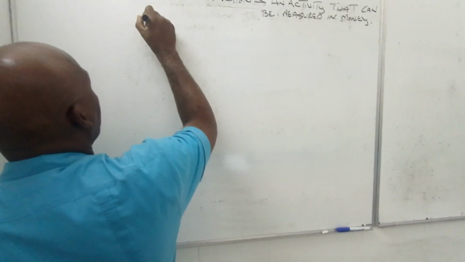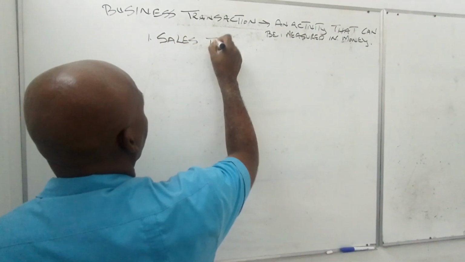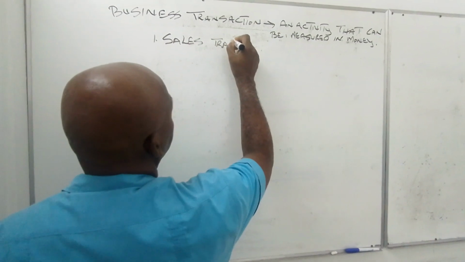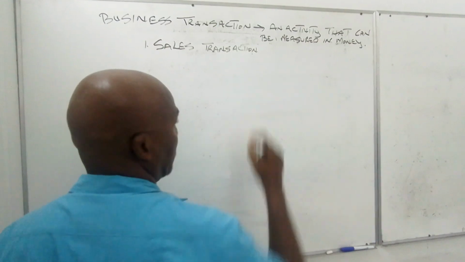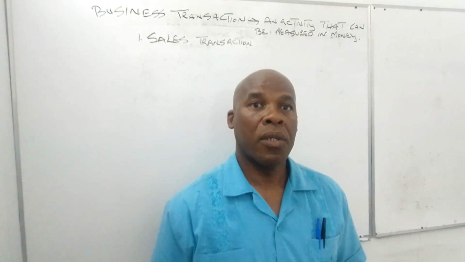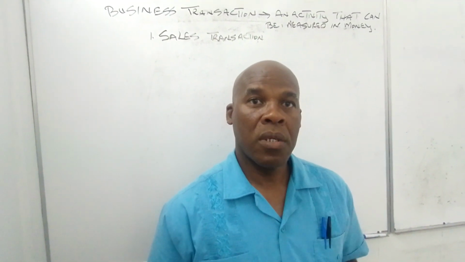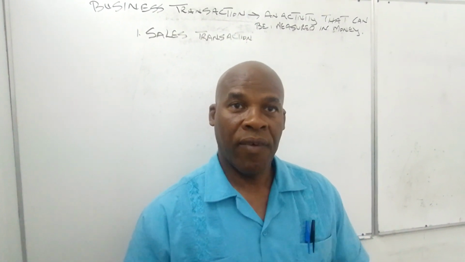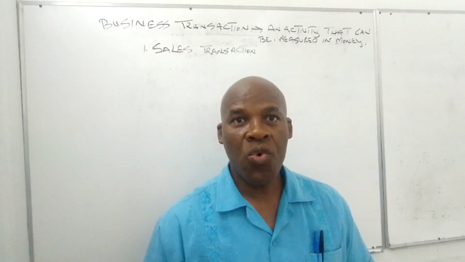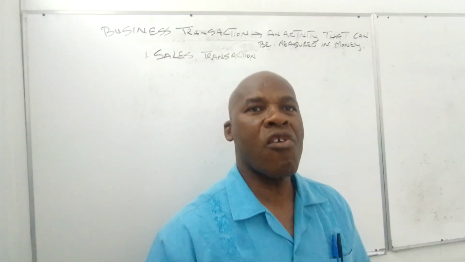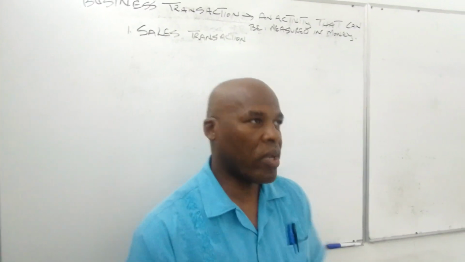We could have a sales transaction: sold services for cash, $20,000, or sold goods on credit, $15,000. Sales transaction.